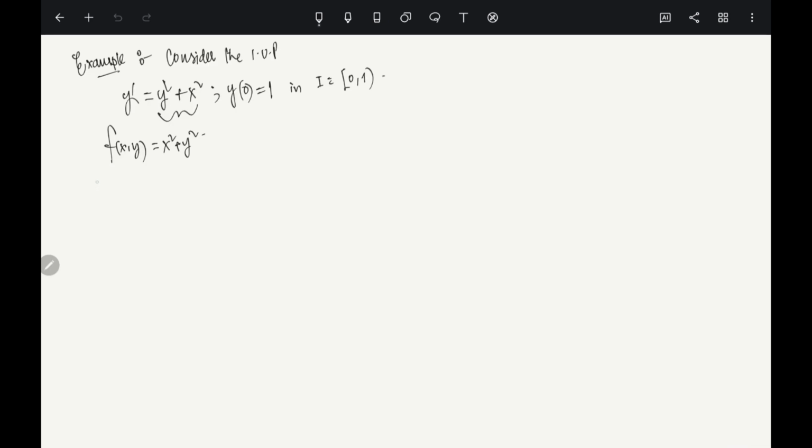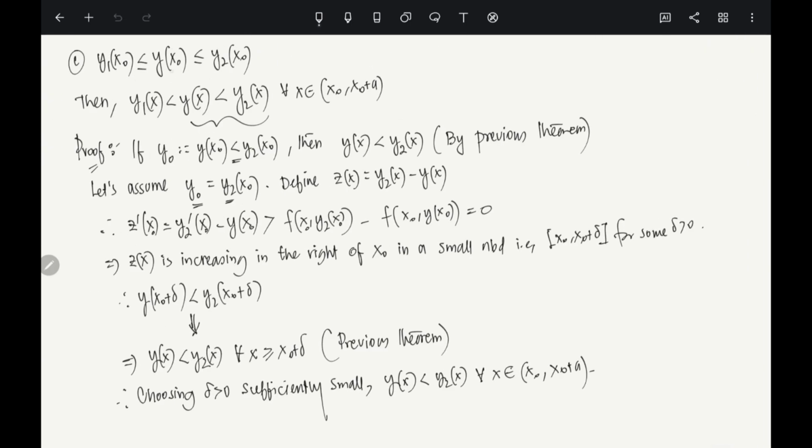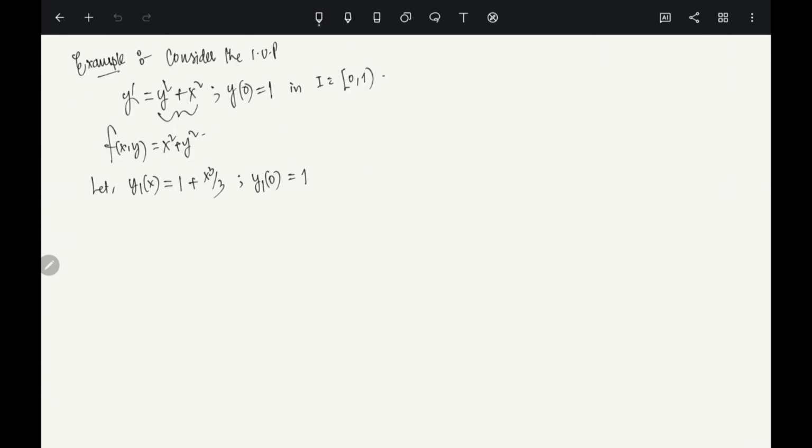Let's assume y1 of x is 1 plus x cube by 3, and y1 at the point 0 is 1, similar to y at the point 0, which is 1. If the equality holds, it works. So what happens to y1 prime of x?